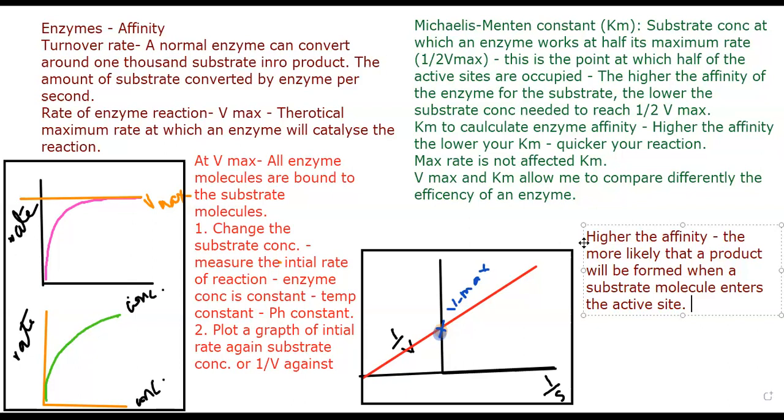For example, the acceleration. It doesn't matter what is the value of acceleration. The maximum speed that I want to reach is the same, right? If I want to take the car to 10 meters per second, the acceleration will simply speed up the car. The maximum speed is still 10. So the same concept can be applied to enzymes.